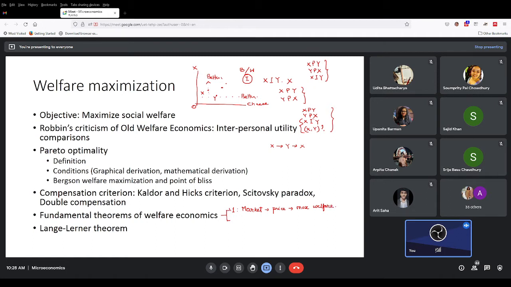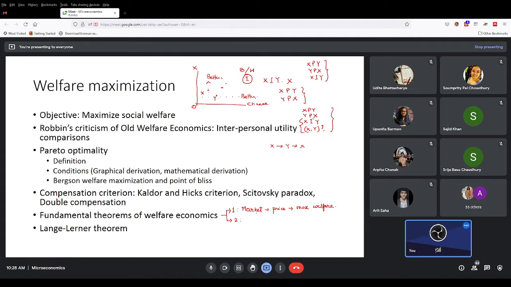Now, when we are maximizing social welfare, it is quite possible that there are some people who don't have adequate purchasing power and therefore the market will not give their utility any weightage.